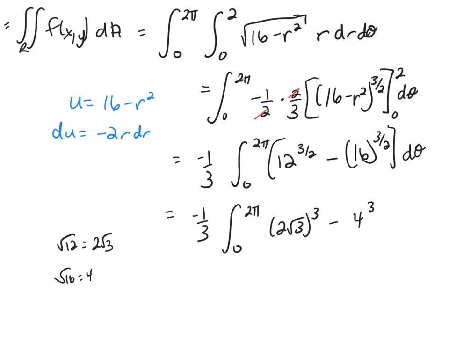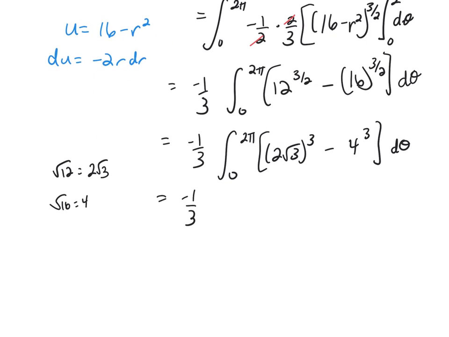So this is 4 cubed. So I'm getting the integral from 0 to 2 pi. 2 cubed is 8 times 3 is 24 times the square root of 3 minus 64.